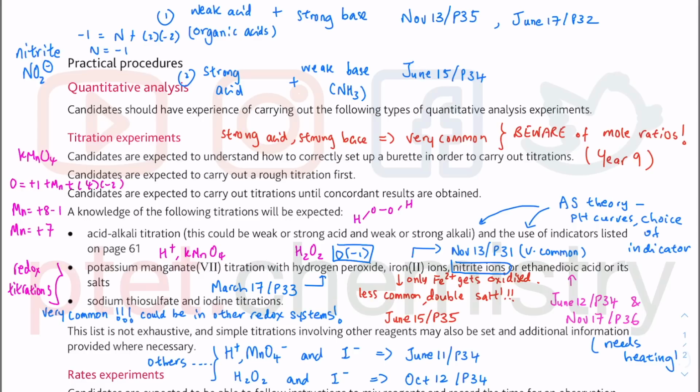So nitrogen is -1 plus 4. Nitrogen is +3 in nitrite ions, and it can be oxidized by an oxidizing agent to become nitrogen +5 or nitrogen +4. We are not entirely sure there, but regardless, it will be one of those questions where you can do redox titrations and you will see color changes from purple to colorless or pale pink, but you only stop when one extra drop doesn't get reduced anymore, and therefore it will stay a permanent pale pink.